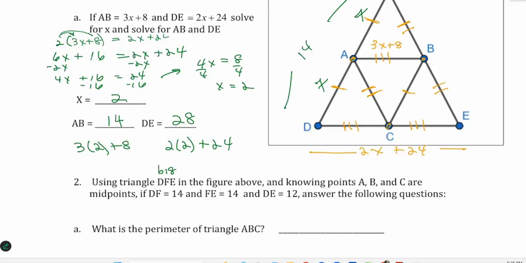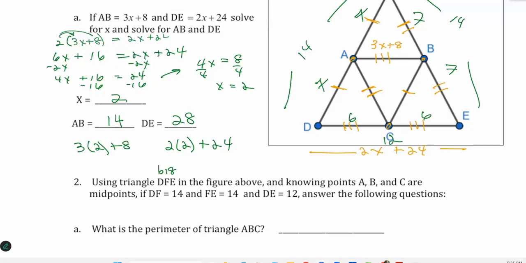If FE is 14, that makes this 7 and 7. And if DE is 12, we're changing our numbers, that's going to make this 6 and 6.